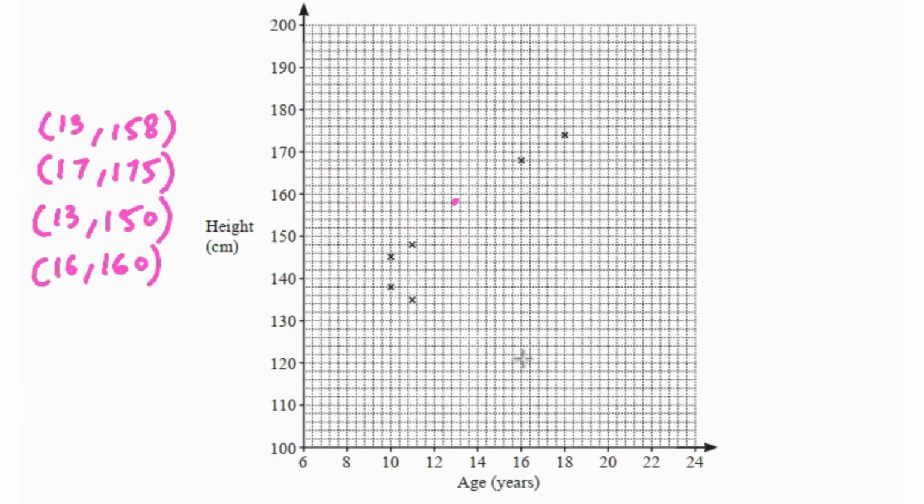Then 17 and 175 over here. 13 and 150, that's going to be over here.